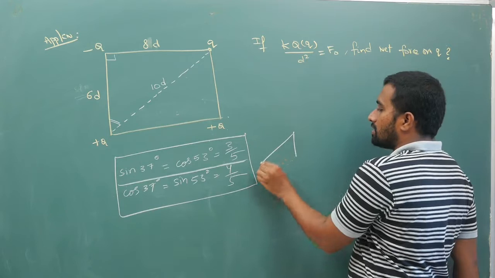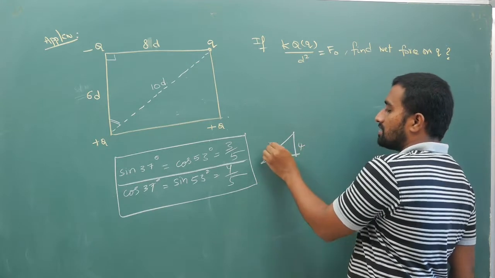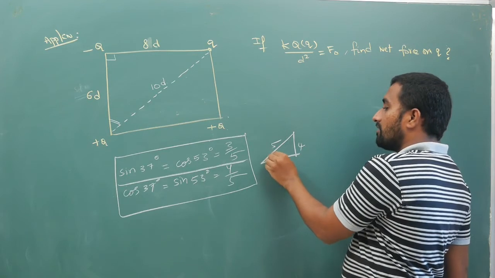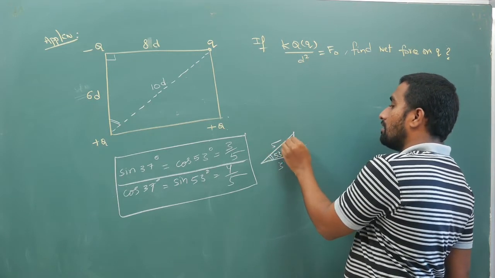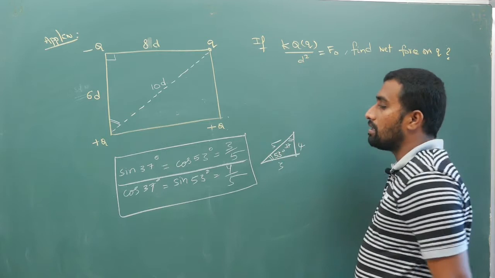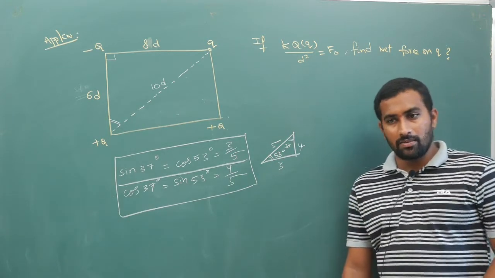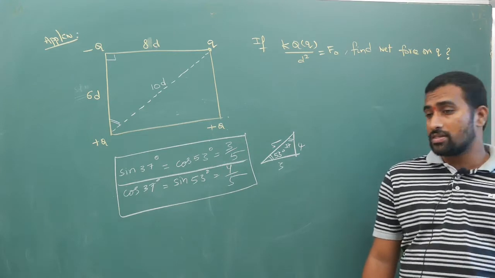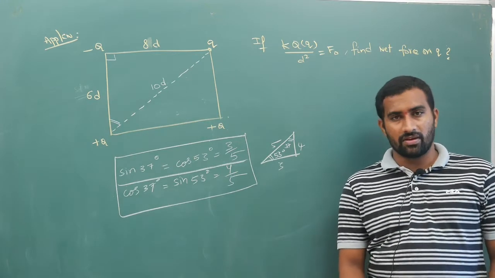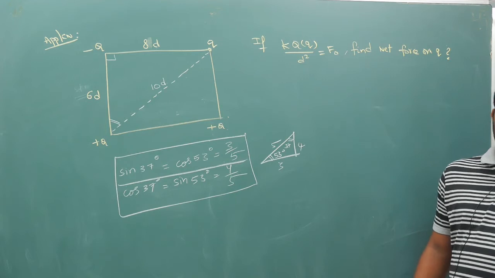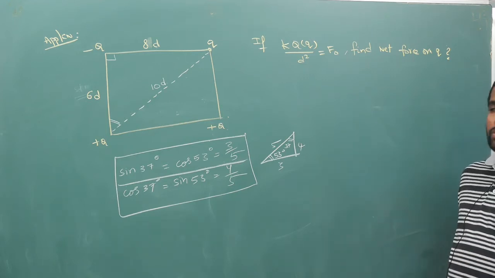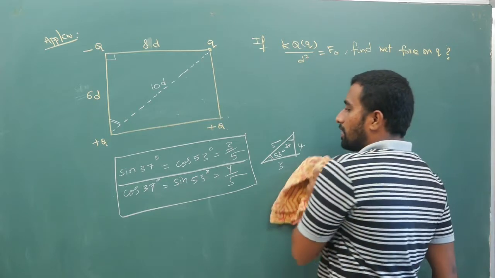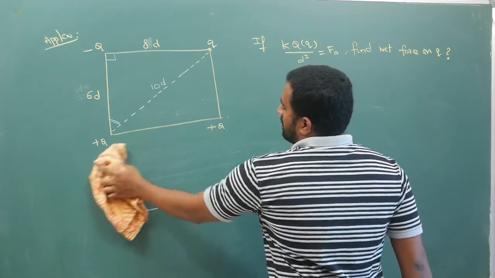Basically these are the sides of a right angle triangle: if this is 3, this is 4, this is 5. Now this angle will be 53 degrees, this angle will be 37 degrees. So sin 37 is 3 by 5, cos 53 is also 3 by 5, cos 37 is 4 by 5, sin 53 is 4 by 5. We will keep getting these values and figures in projectile motion and a lot of other places regularly, so you must remember this result.